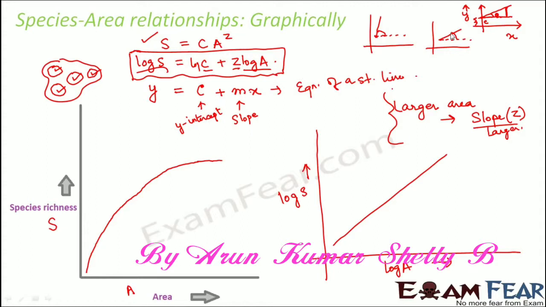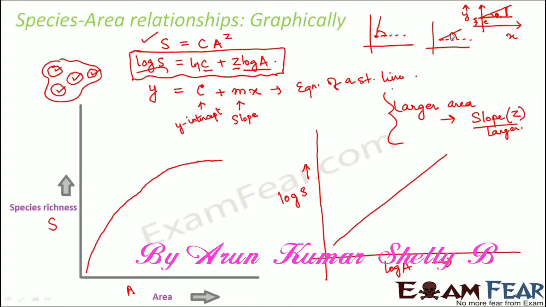So for larger area, you have a larger value of slope. That means theta is more, which means the graph is more steep. Whereas if the same species area relationship is analyzed over a smaller area, just the vice versa happens. That is, the value of the slope is smaller and the slope is less steep.